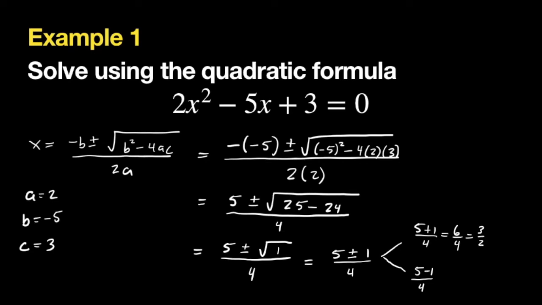In the next case, we have 5 minus 1, which is 4. 4 over 4 is going to give us 1. So we have two solutions. We have x is equal to 3 over 2 and also 1.